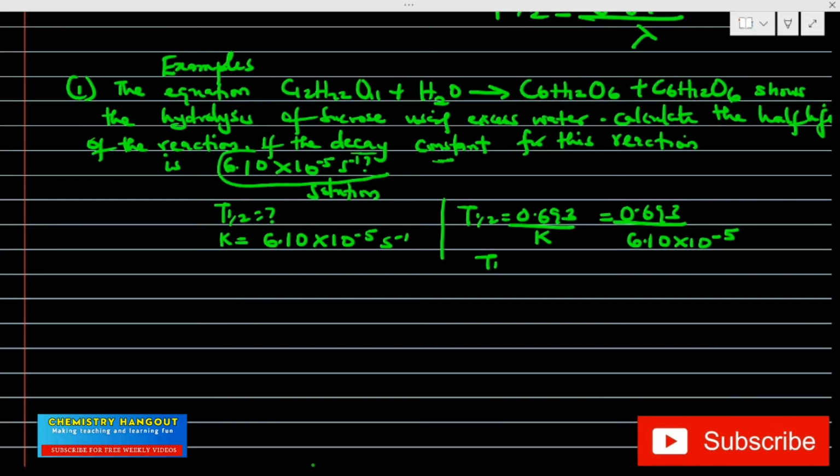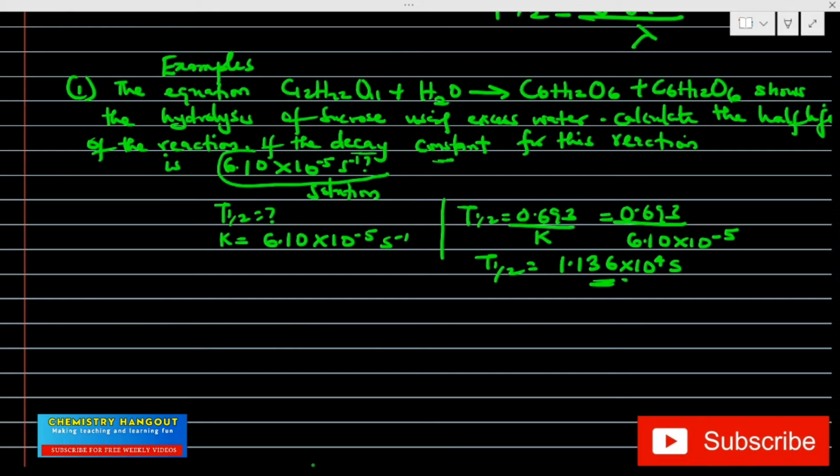If we use our calculator, T half is going to be 0.693 divided by this, and I have 1.136 times 10 raised to power 4 seconds, because it is time. So anytime you are asked to look for your half-life and you are given your decay constant, it's a direct question.